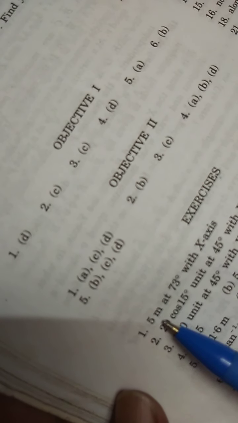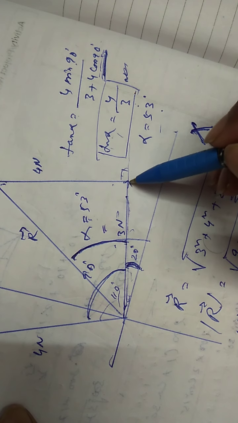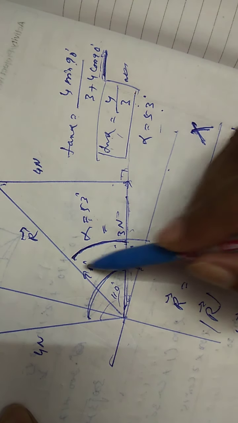Now you can see clearly the result. It is 5 meter, magnitude, and at an angle 73 degree with the x-axis. We have got the resultant 5 meter, which is the magnitude, and alpha is 53 degree, acting at an angle 53 degree with 3 Newton.